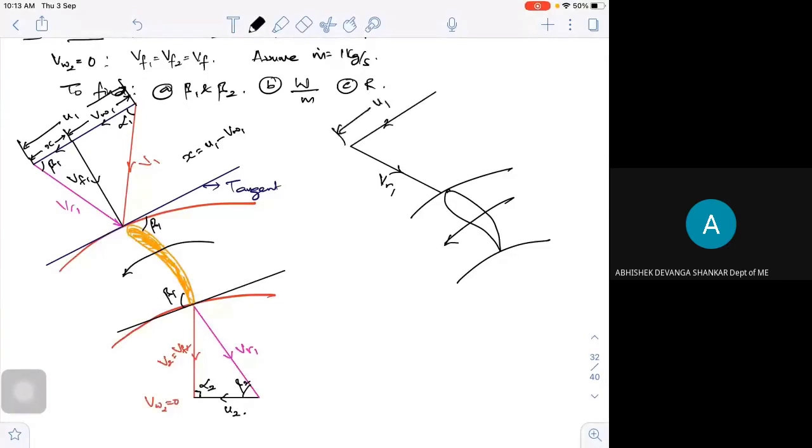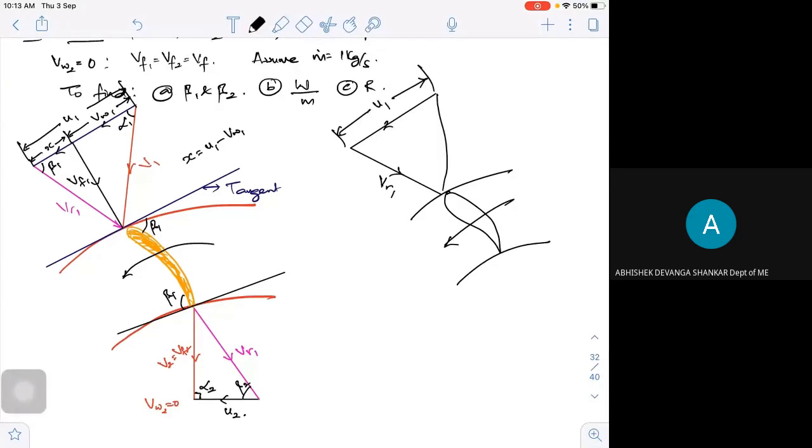So this will be my U1, and then I have to close it with your V1. You got it? So this is how the inlet velocity triangle is drawn.